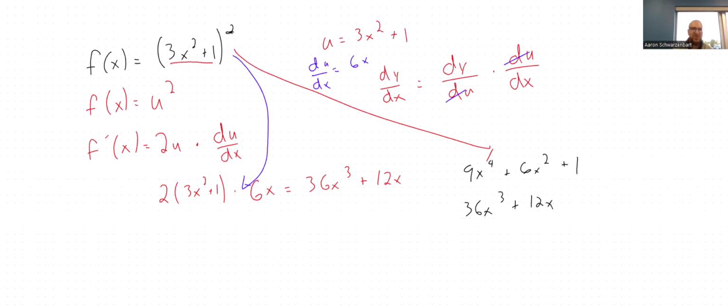We're going to do a lot more examples of this chain rule, but notice how I got the same thing whether I used the chain rule or I expanded it out. We're going to do a lot of chain rules where you can't expand it out, like this next function.